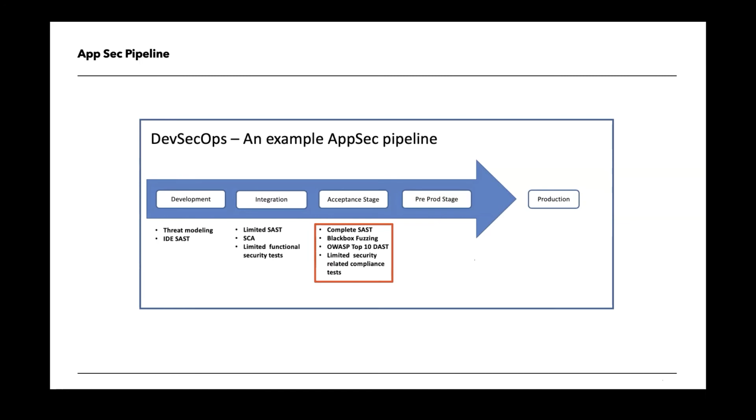Thereafter, the application is tested for OWASP top 10 vulnerabilities via DAST, and the remaining functional security tests are performed. Finally, limited compliance tests are performed on the runtime environment. These compliance tests will only consider security related topics.